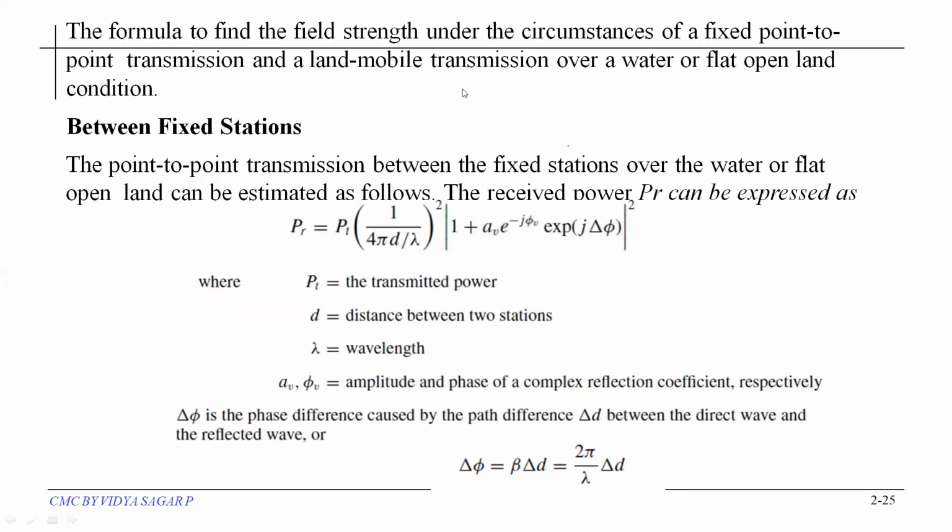Now, between two fixed stations, that is point to point transmission, here the received power P suffix R can be expressed as P suffix R is equal to P_T into (1 by 4 pi d by lambda) whole square of (1 plus A suffix V).